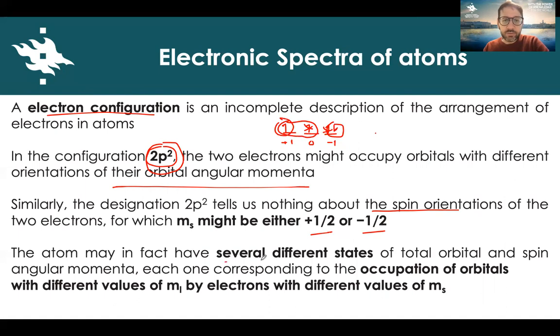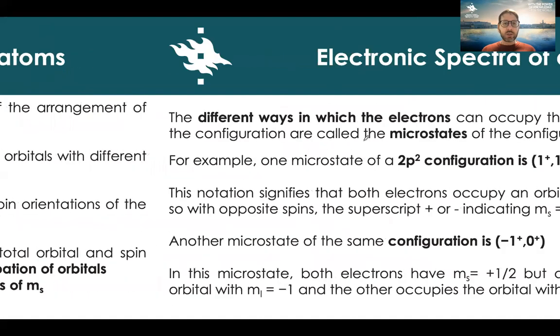Therefore, we can have very different states for a total orbital and spin angular momentum, with different occupations of these orbitals, different values of orbital angular momenta and different values of total spin. All right?